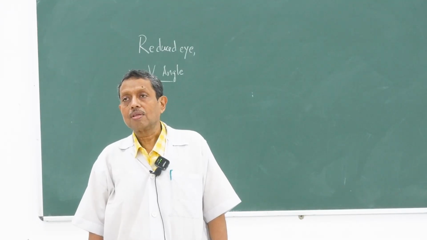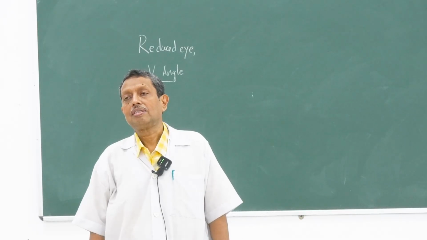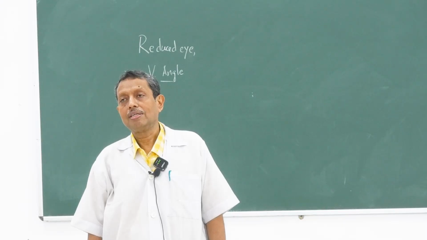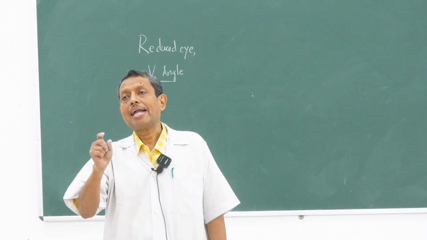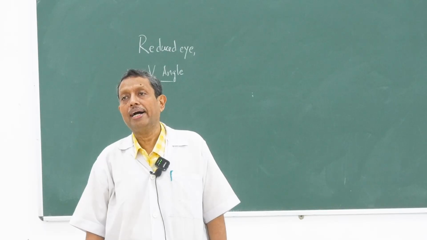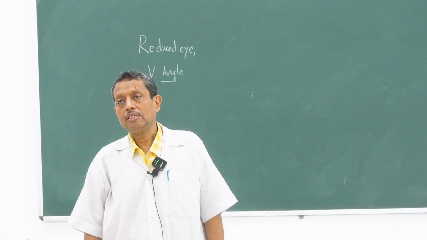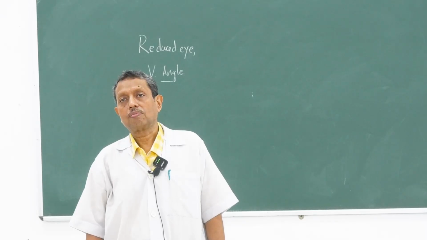And in this discussion, if you consider that all the refractive power is at the anterior surface of the cornea, it becomes easier to understand with little error.